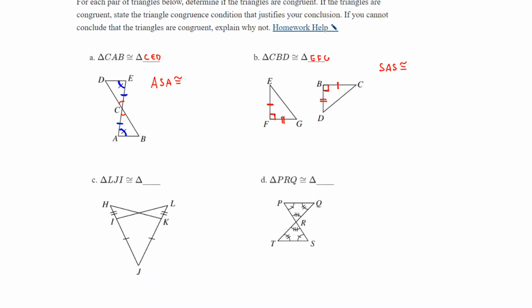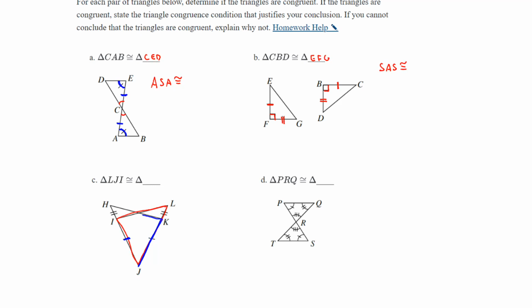C. Triangle LJI is congruent to which triangle? So let's look at what we're seeing here first. LJI, so that's the triangle we're looking at. What triangle could it be congruent to? Well, we see this side length right here is congruent to just this one right here.